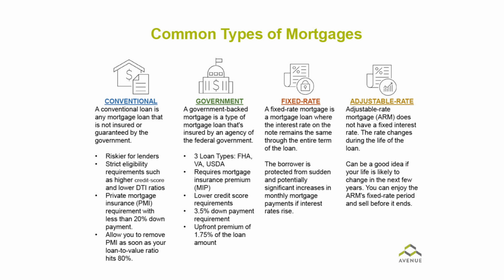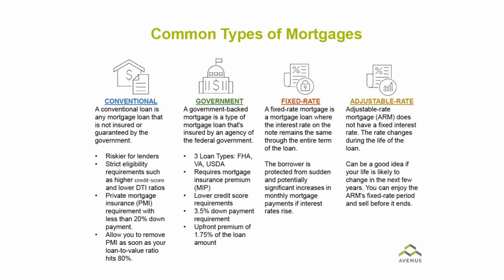The borrower is protected from sudden and potential increases or fluctuations in monthly mortgage payments if interest rates rise. It doesn't necessarily protect you from increases in your taxes or your insurance, but it does keep your mortgage payment itself, the P&I, fixed.